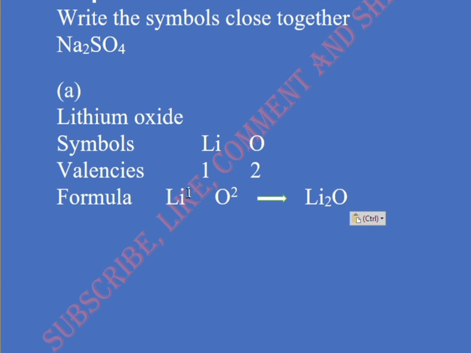Lithium oxide is a reaction between lithium and oxygen. Here you have lithium, then oxygen. The valency of lithium is 1, and oxygen is 2. Now they are reacting to form lithium oxide.